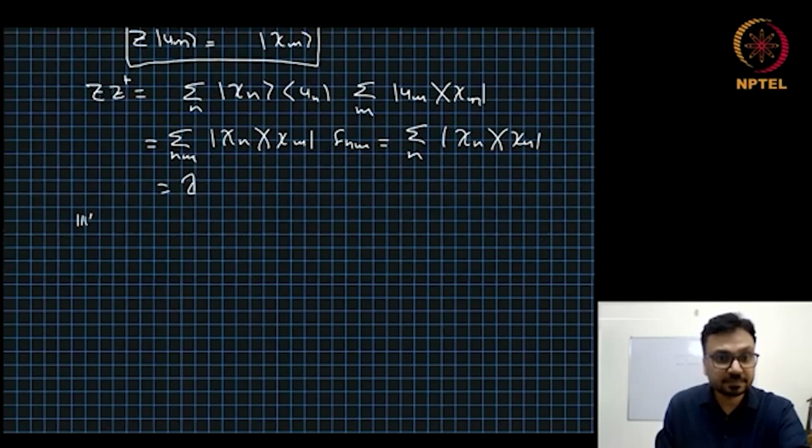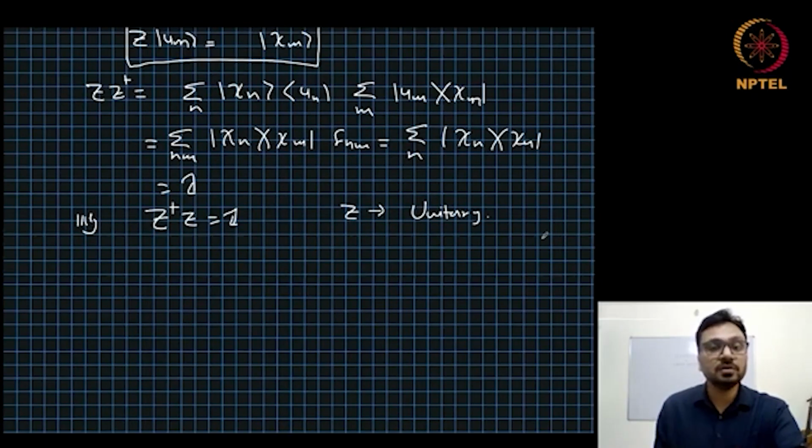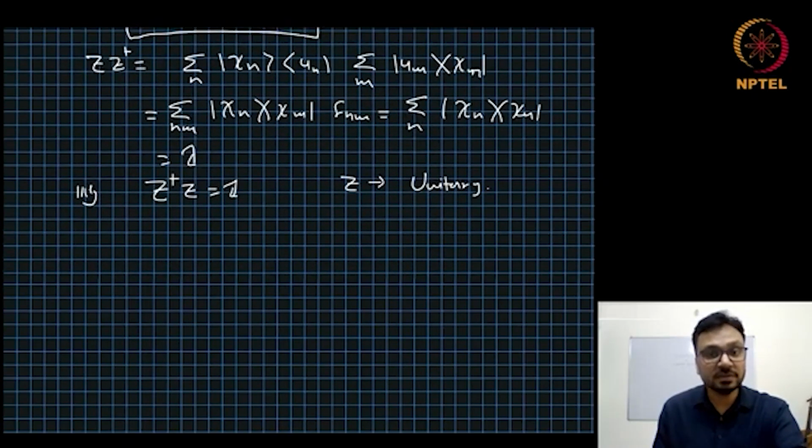Similarly, z dagger z is also identity. So this is also unitary. Now this is another example of a unitary taking one orthonormal basis to another orthonormal basis.